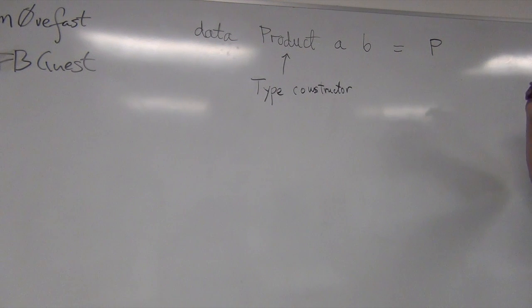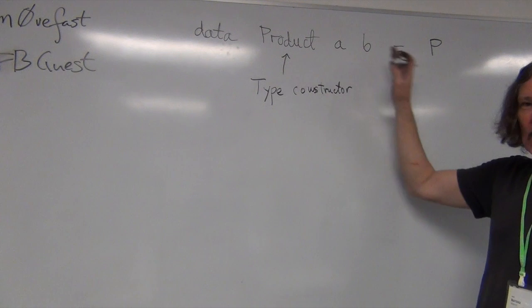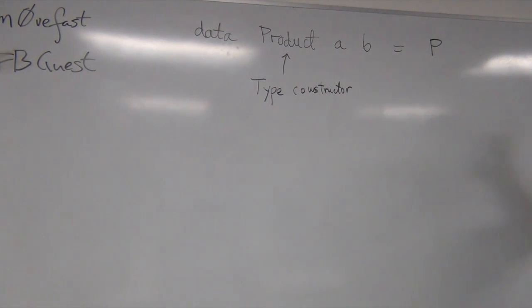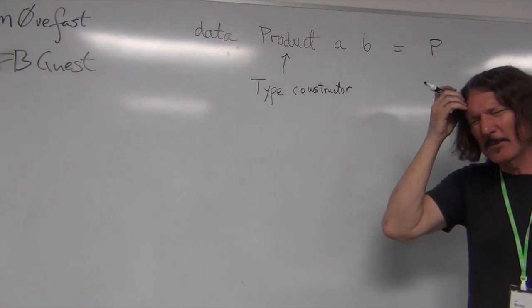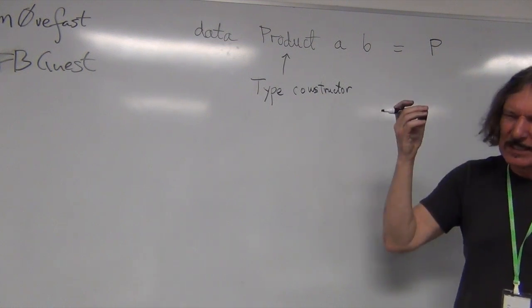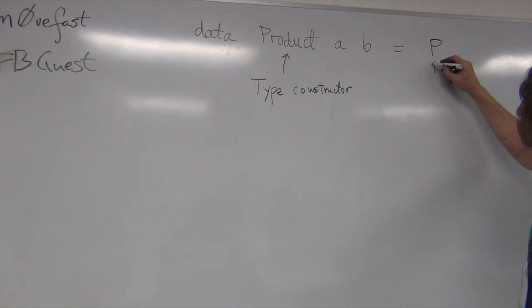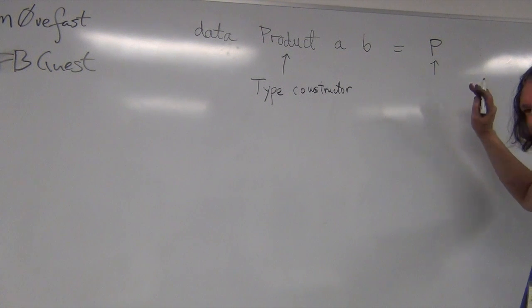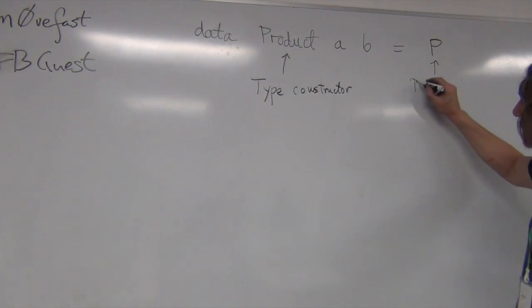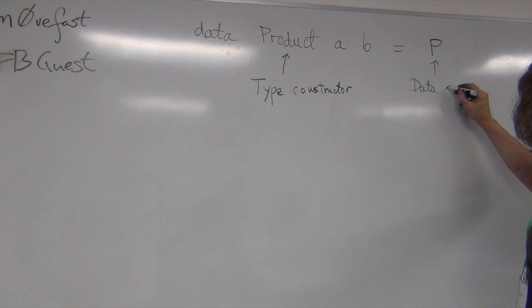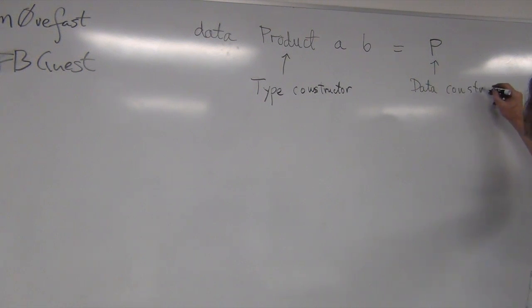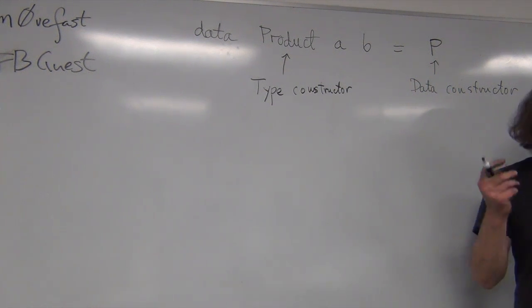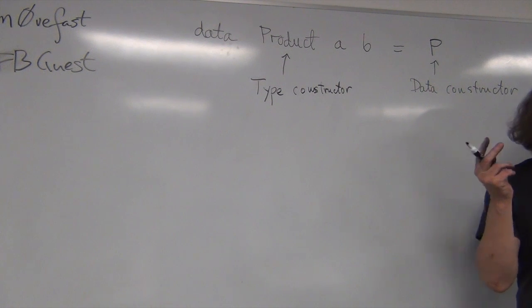No, for simplicity, call it product, so we're not confused. No, because I think it's more confusing if they are the same. Because then you don't know, am I using a type constructor or a data constructor? So let's do the explicit stuff, okay? So this is called the data constructor. And in order to construct a pair, I need two arguments, two values.